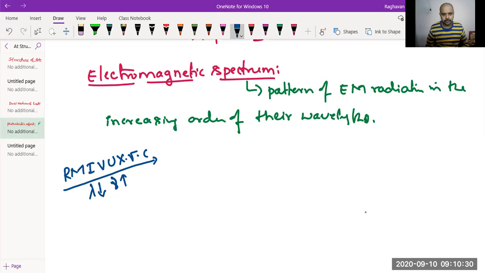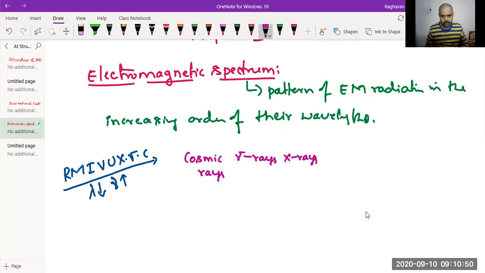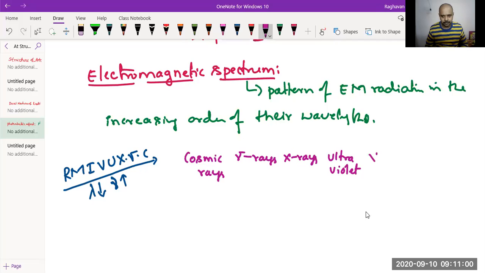Come on. First, cosmic ray. Let us go in the reverse order for increasing wavelength. Cosmic ray. After that, gamma rays. Then X-rays. Next, ultraviolet rays. Next, visible rays. Next, infrared.